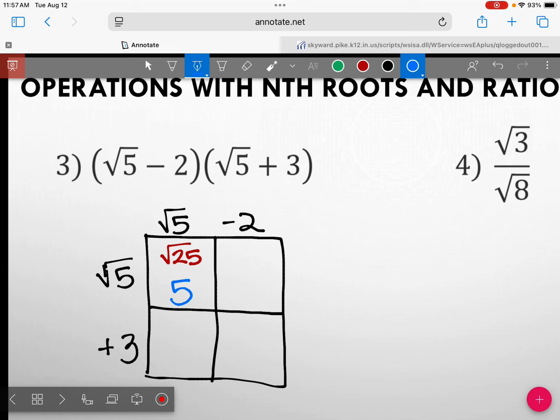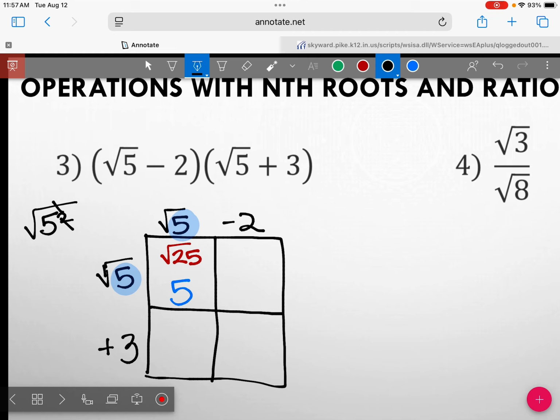No, the root 5 and root 5, they both have roots where they get squared. Oh, I see what you're saying. Okay. So what we're doing is we're just multiplying the number underneath. So when you multiply these together, I mean, you could write it that way. You could say it's equal to the square root of 5 squared. And then that's going to cancel and give you a 5. Or you can multiply those two numbers to get 25 and then simplify it to a 5.